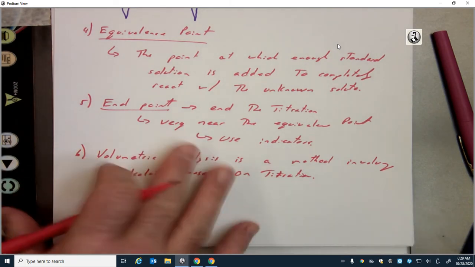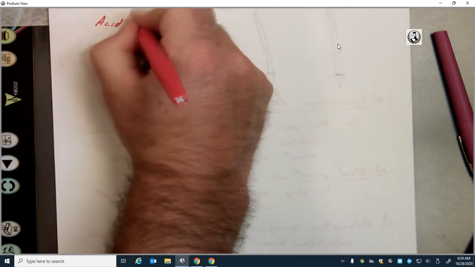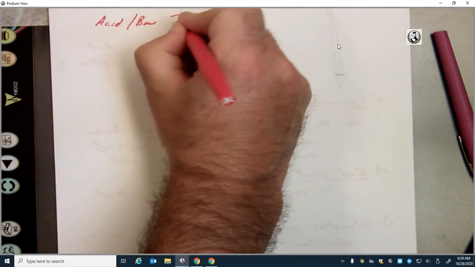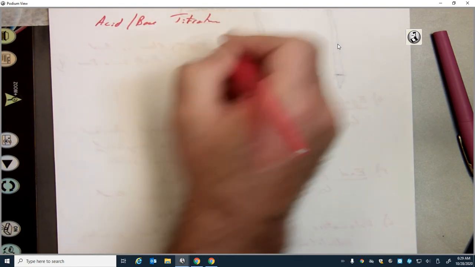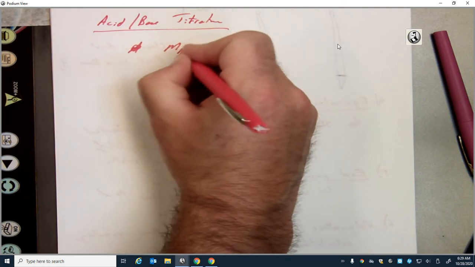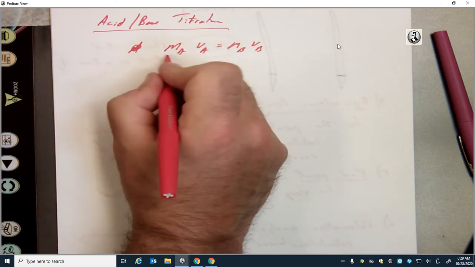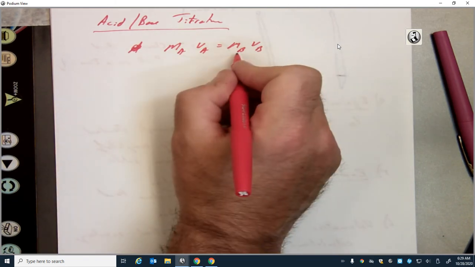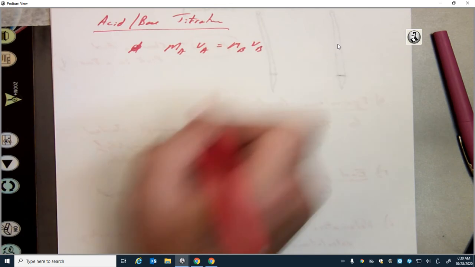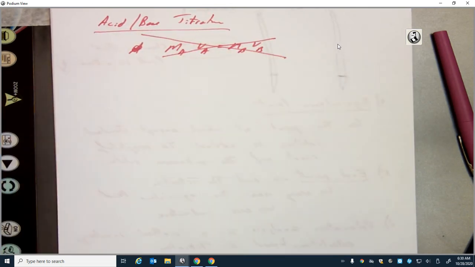Now, when you were doing acids and bases last year, you used the formula MAVA equals MBVB: the molarity of the acid times the volume of the acid equals the molarity of the base times the volume of the base. Guess what? We are not going to use that formula this year.